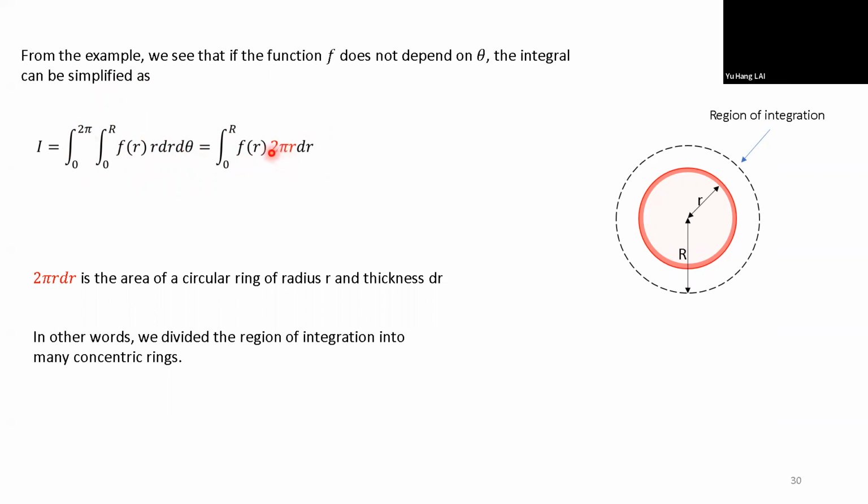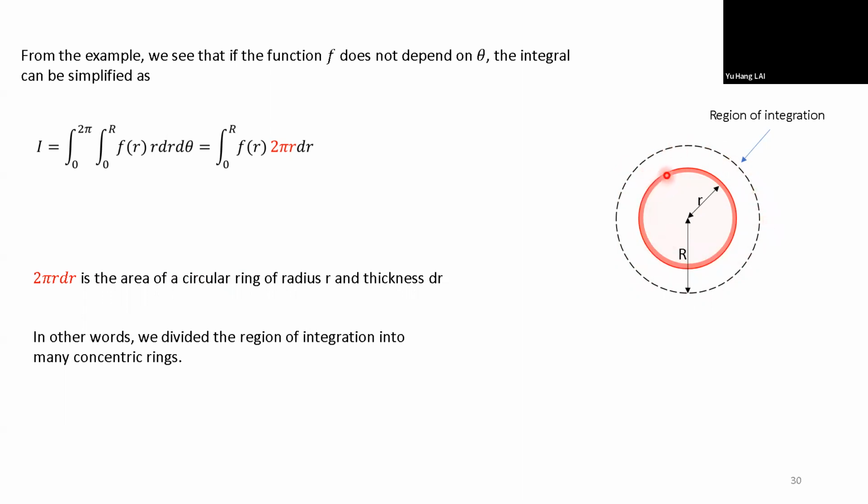So now if I look at this 2 pi r dr, it actually has a geometric meaning. This 2 pi r dr is in fact the area of a very narrow circular ring. Consider this is my whole integration region, and this is one of the very narrow circular rings in this region.